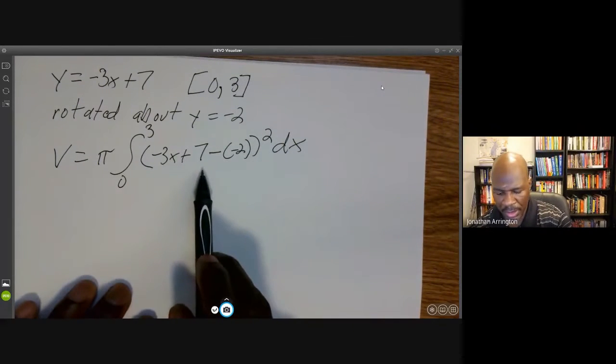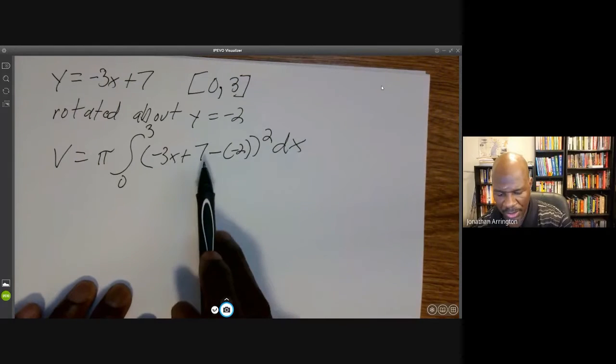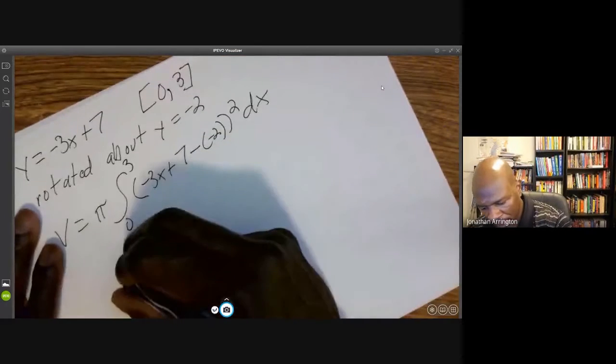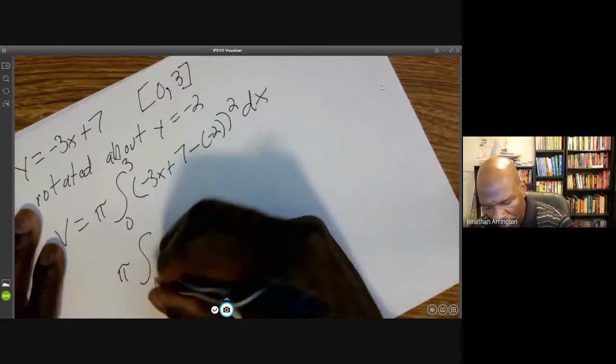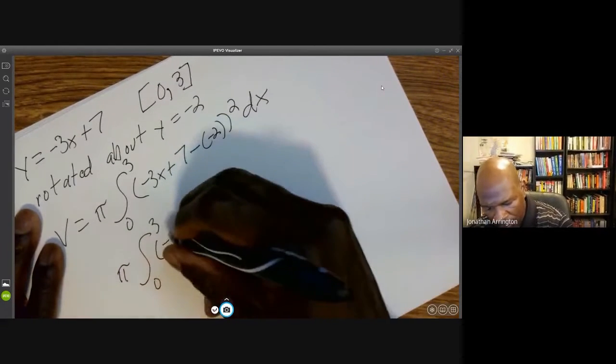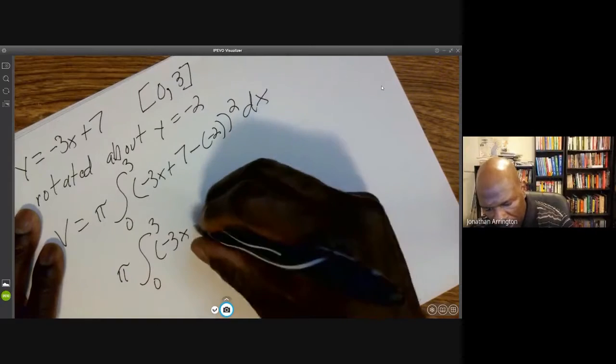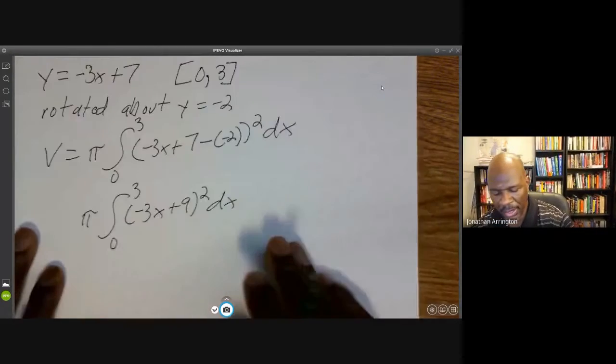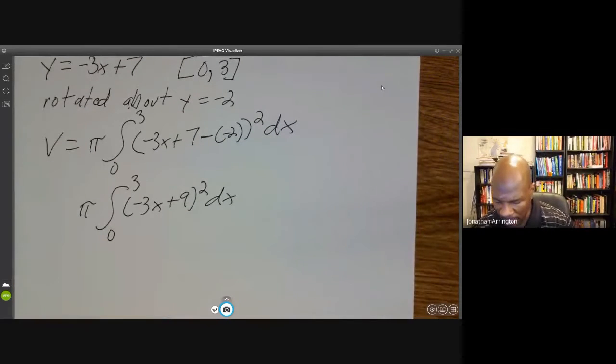So that's our particular situation. And you can see that this 7 minus negative 2 turns into 7 plus 2, so that's going to turn into negative 3x plus 9. So this is pi times the integral from 0 to 3 of negative 3x plus 9, squared. I almost forgot the fact that this is being squared. Not sure how I forgot that.